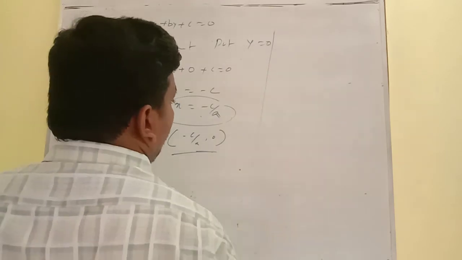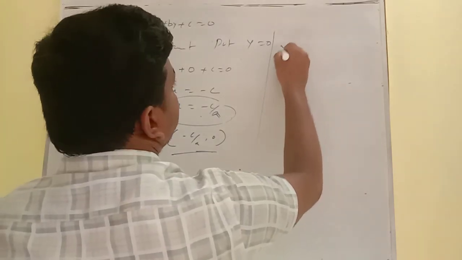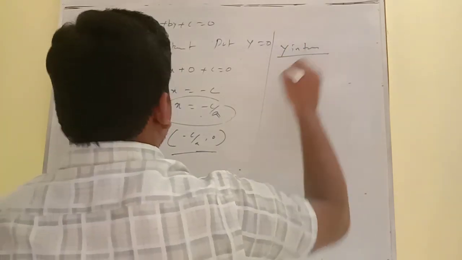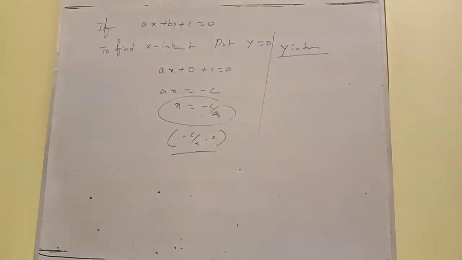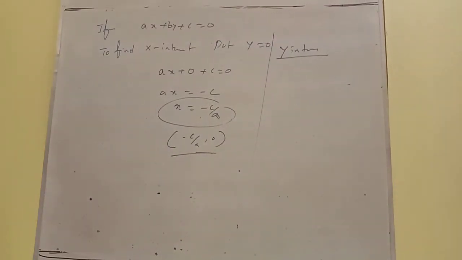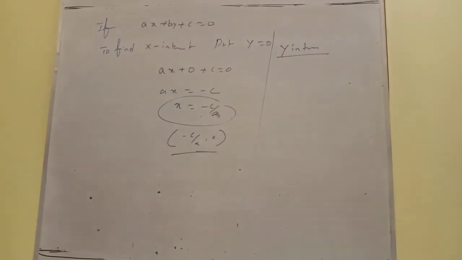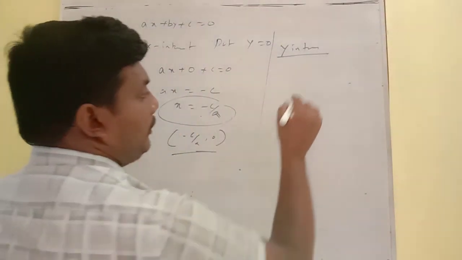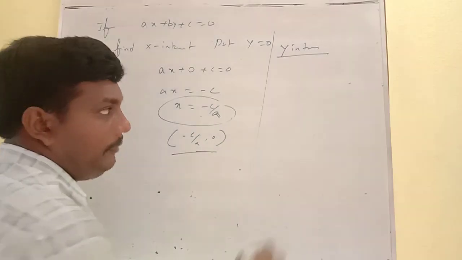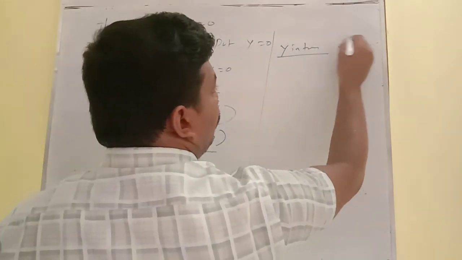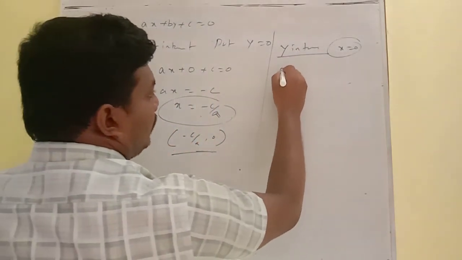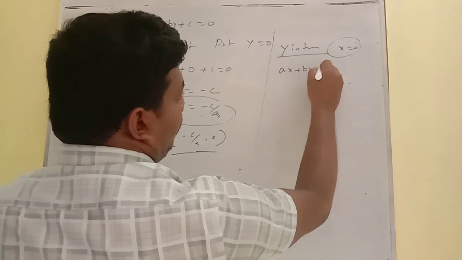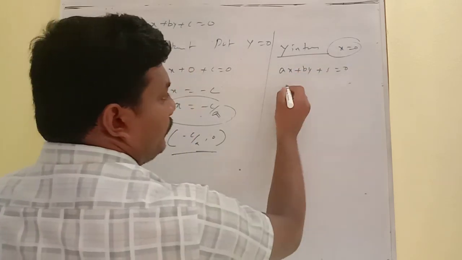Now how to find the y-intercept of the line? To find the y-intercept, we need to put x is equal to 0. In ax plus by plus c is equal to 0, keep x as 0.